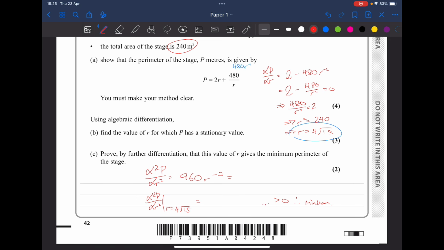So 960 over, well, square root of 240, all cubed, gives us still a small number, like 0.25-ish, but either way, it's still positive. Same result from the question, it doesn't change what we actually did at the end. No difference in this part of it, just that number. I doubled instead of halved. So we should have had half the answer basically at the end.